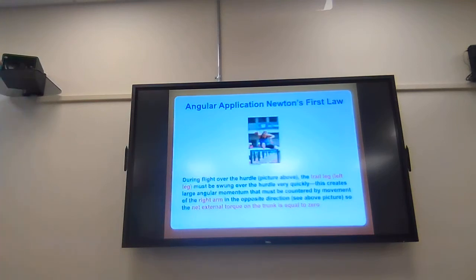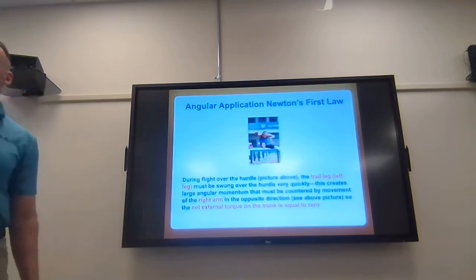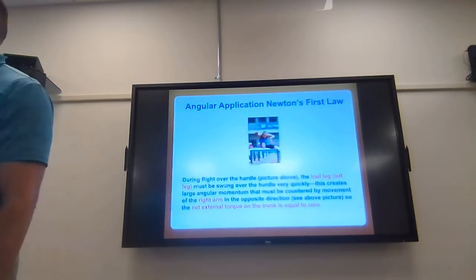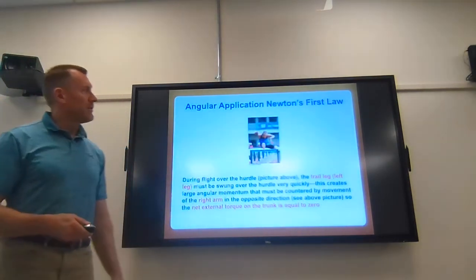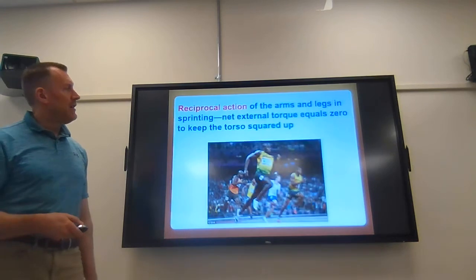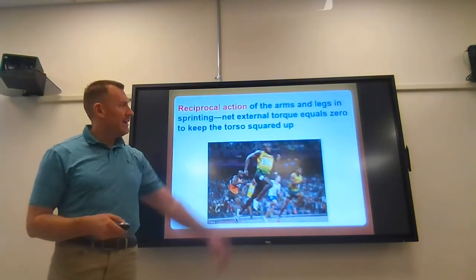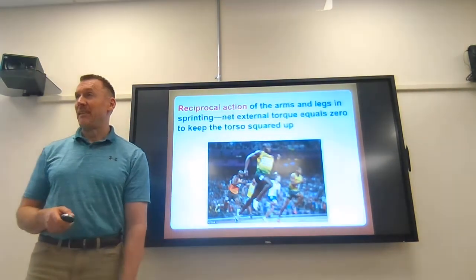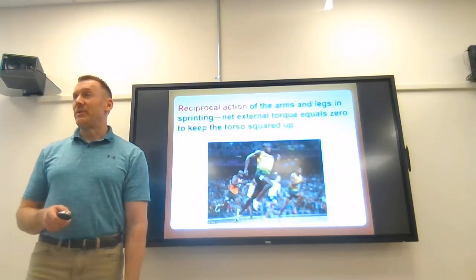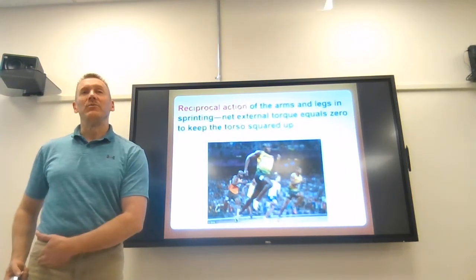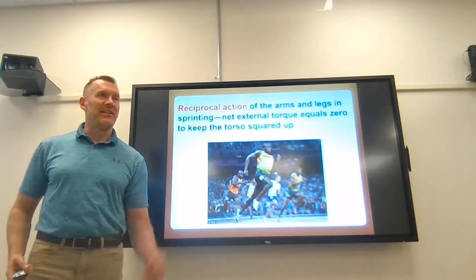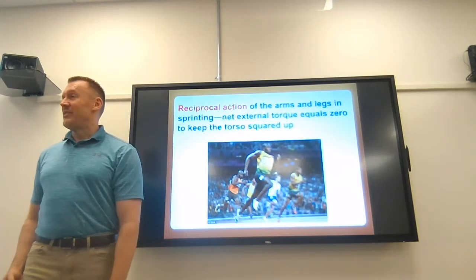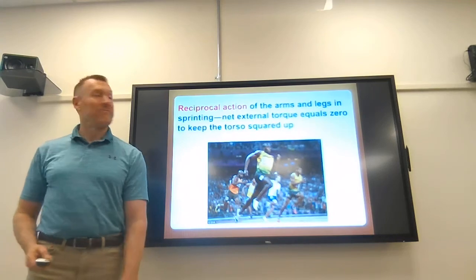In this case, we have reciprocal actions of the arms and legs in hurdling, and we also have reciprocal actions of the arms and legs in sprinting. So why is it that if we have one side of the body doing one thing in one direction, we have to have the opposite side of the body doing another thing in the opposite direction?